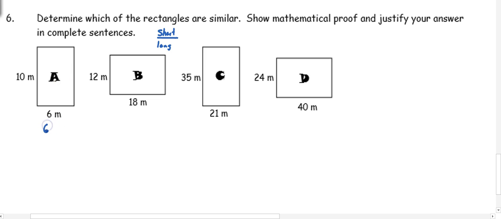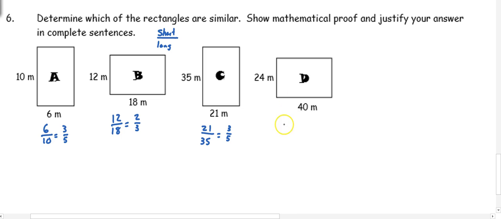So in A, my shorter side is 6, my longer side is 10. This reduces to 3/5. In B, my shorter side is 12, my longer is 18, and this reduces to 2/3. C, my shorter side is 21, my longer side is 35, and when I reduce that, it becomes 3/5.